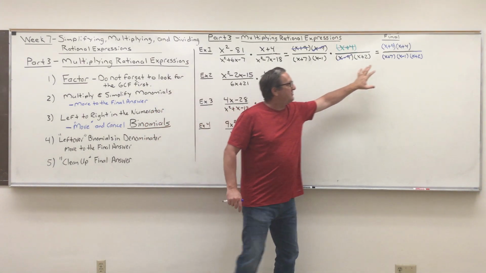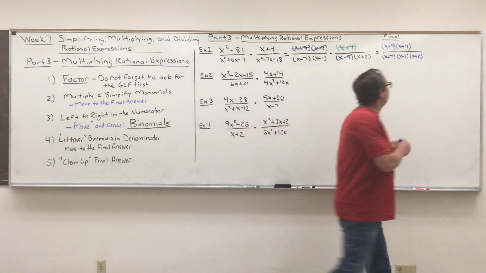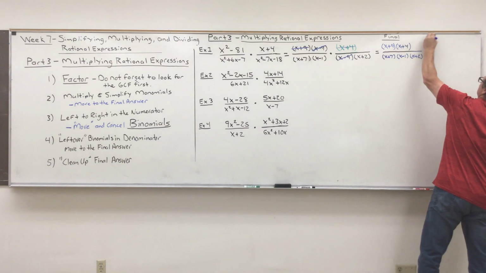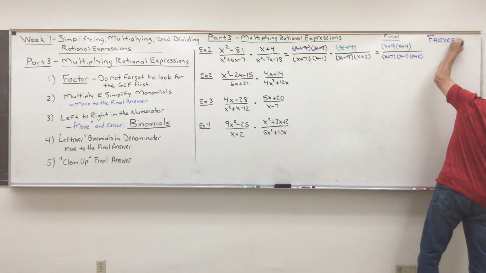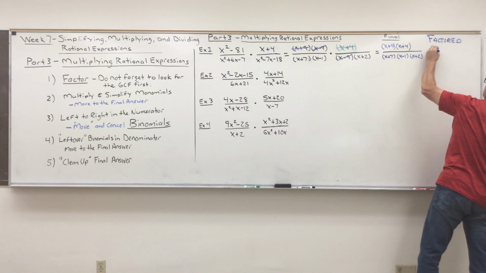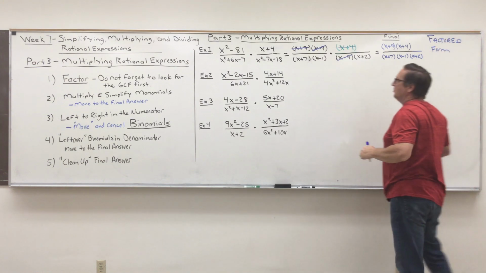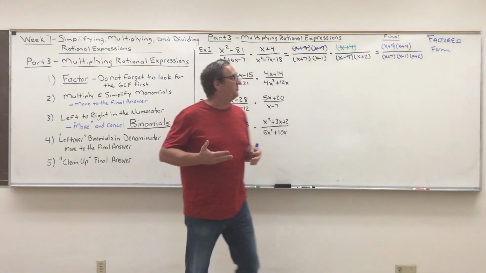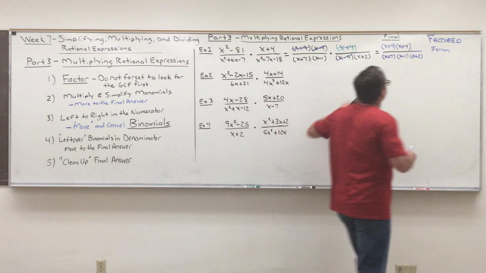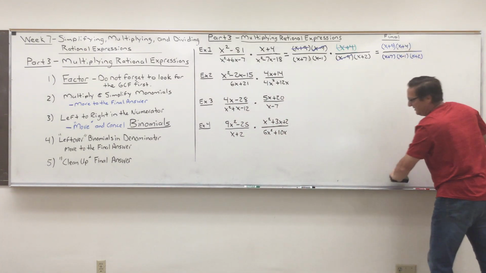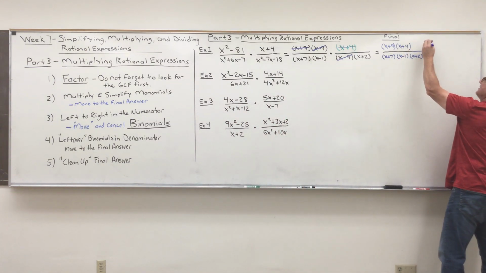And we're going to leave our answer like this because we're going to say that it is in factored form. Okay? So it's in factored form. I'm going to write that a little bit nicer. So it is factored form.